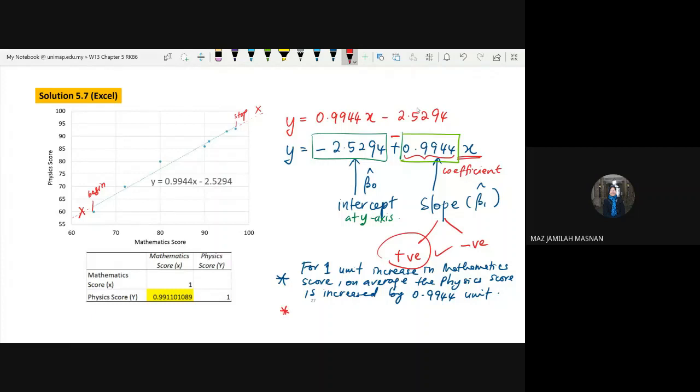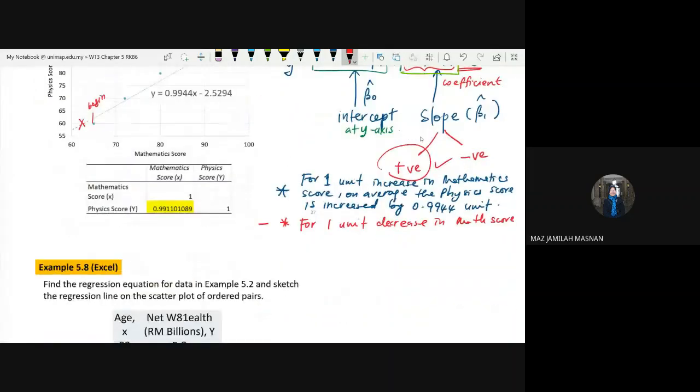If it is negative, for 1 unit decrease in maths score, on average, the physics score is decreased by 0.9944 units.